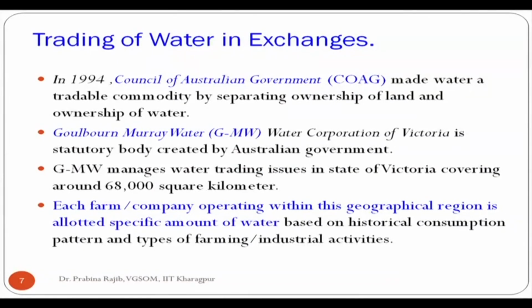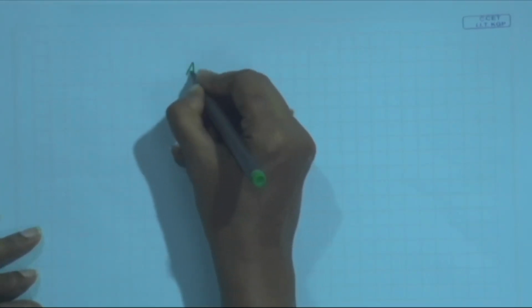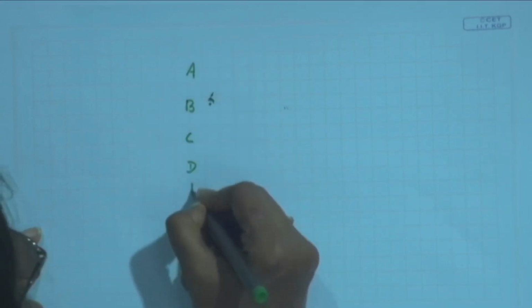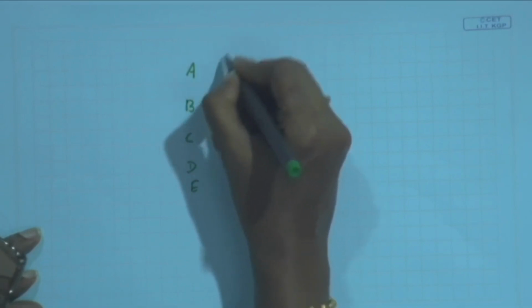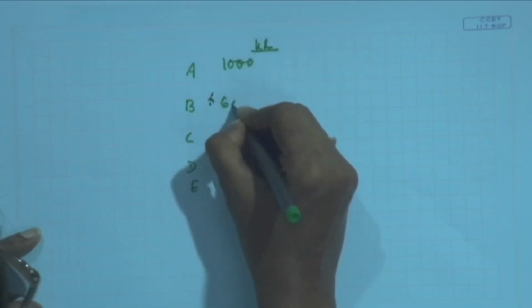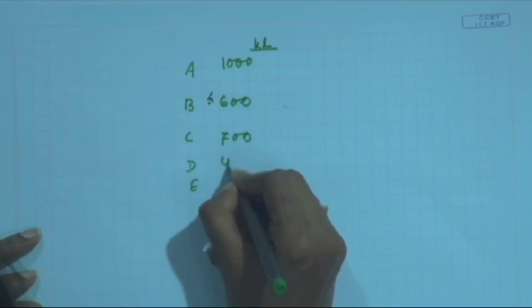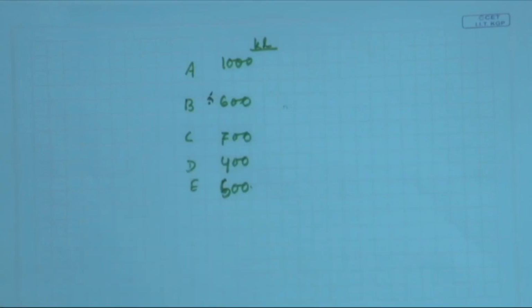Let's say within the 68,000 square kilometers, 5 companies operate, A, B, C, D, E, and depending on the availability of water, 1000 kiloliters, 600, 700, 400, and 500 kiloliters were distributed to them.